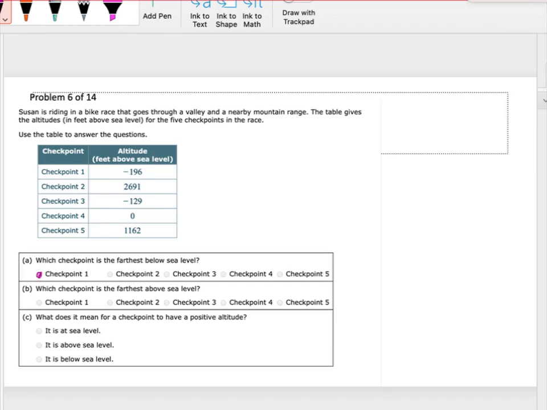Checkpoint number 1 is the lowest of them all. Then the second part, it says which checkpoint is the farthest above sea level. So that's going to be positive, and the most positive would be checkpoint 2. And checkpoint 2 is the answer to the second part. And then it says, what does it mean for a checkpoint to have a positive altitude? A positive altitude would be it is above sea level.